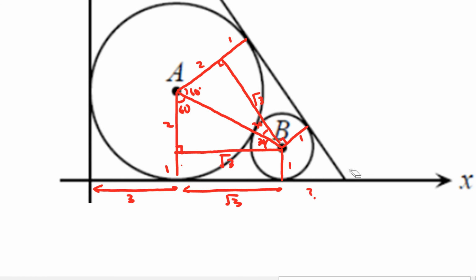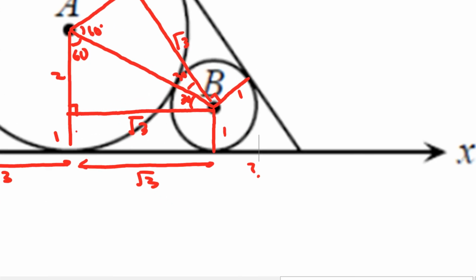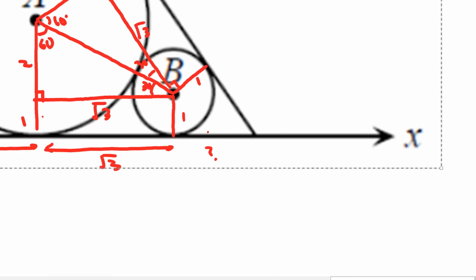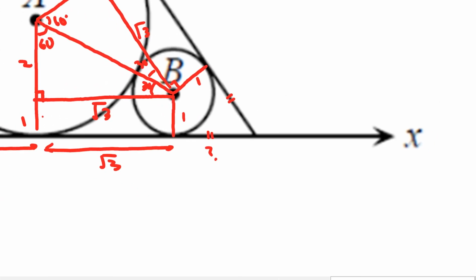Okay? So what I'm going to do now is, you know that this side and this side have to be the same. If I take a line and draw it straight over, you can see how this angle and this angle have to be the same. This is 90 and this is 90, okay? So you see how this is a point. You go a full circle around. This is 90.